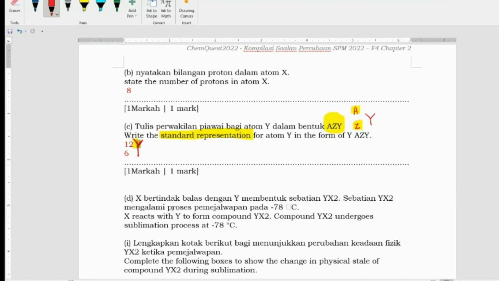Thank you, Gabriel. Now we look into this X and Y. They will react to form the YX2. So it undergoes sublimation process at -78 degrees Celsius. So here we have to determine first whether it is ionic or covalent class. YX2 ini adalah ionic compound or covalent compound class.